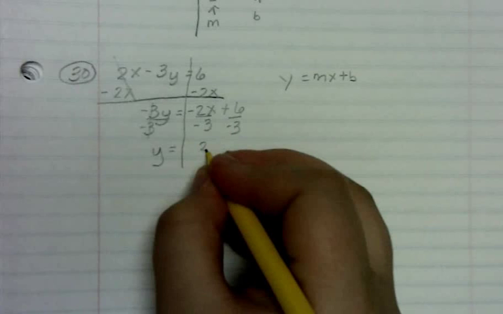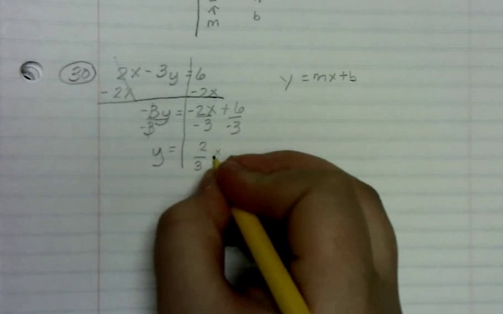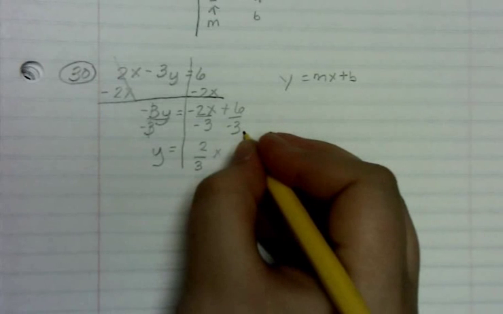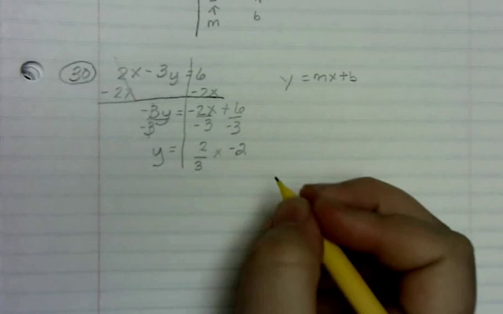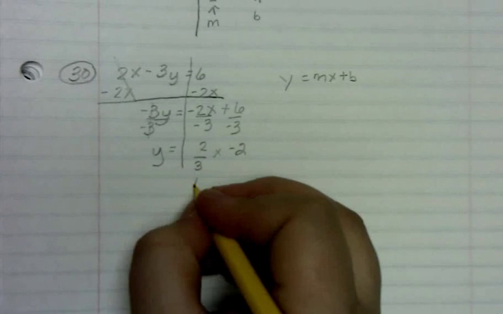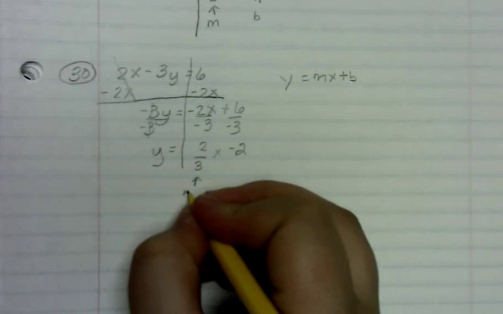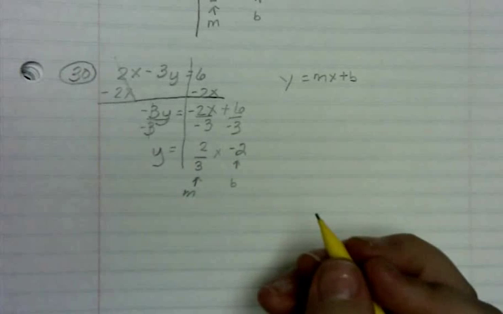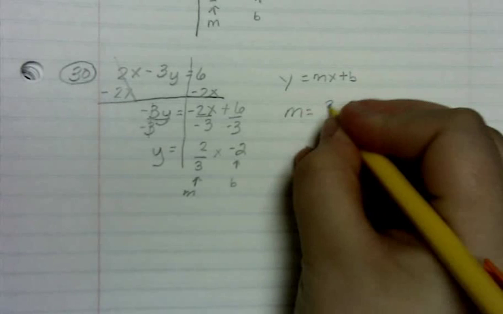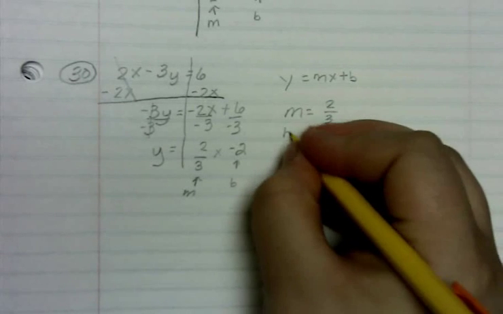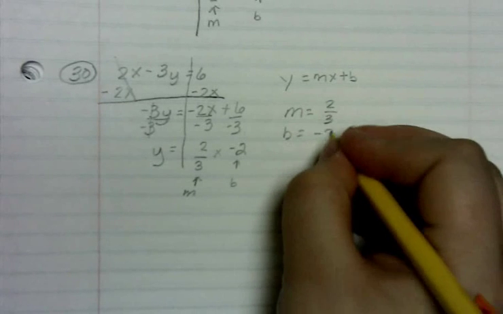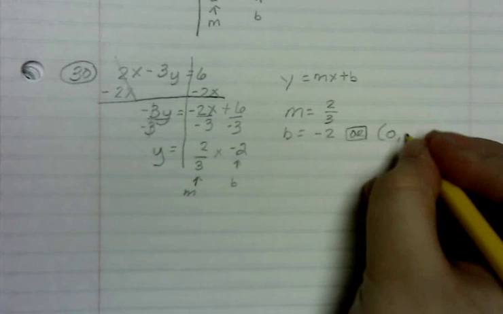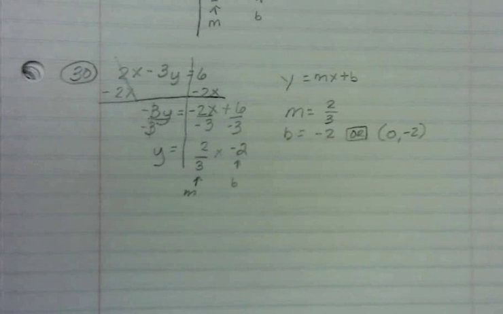So we're left with 2 over 3x, and then positive 6 divided by a negative 3 is a negative 2. So this value is your m, this value is your b. So m equals 2/3, b equals negative 2, or 0, negative 2, whichever way you would like to write it.